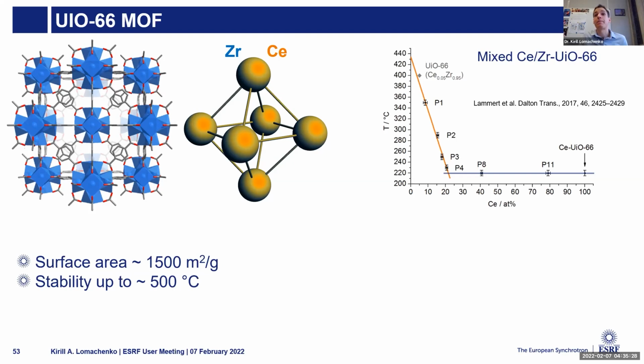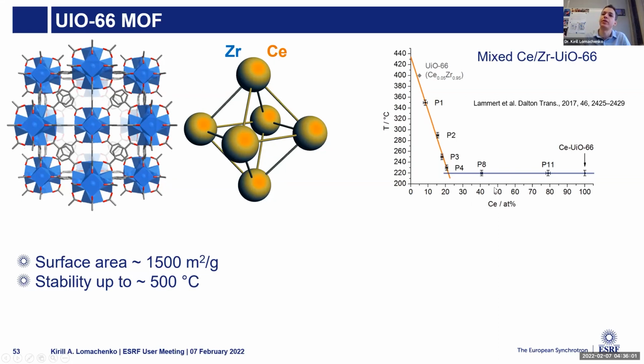Well, actually, we see that the amount of cerium influences quite a lot the stability of the material. You see that the more cerium we have, the lower temperature it withstands. But this dependence is far from being straightforward. You see that first it decreases quite sharply, and then at around 20% of cerium it levels off.